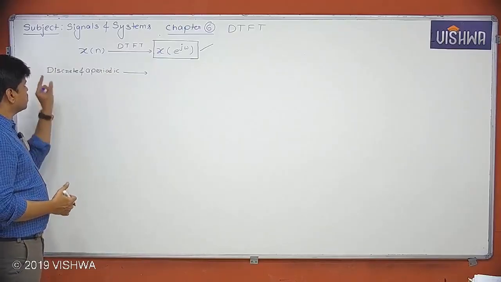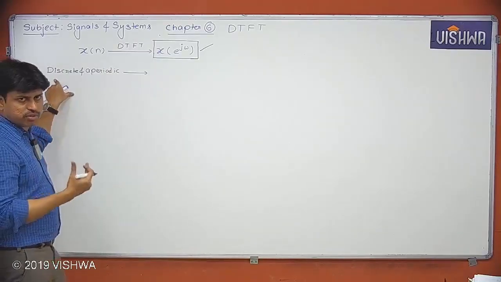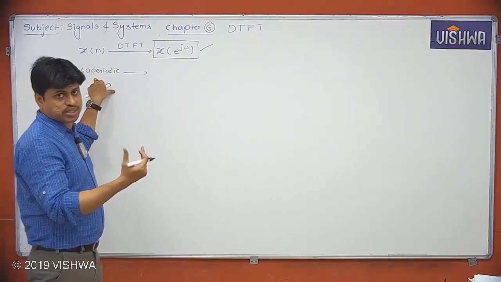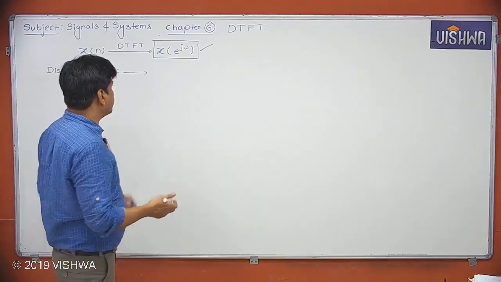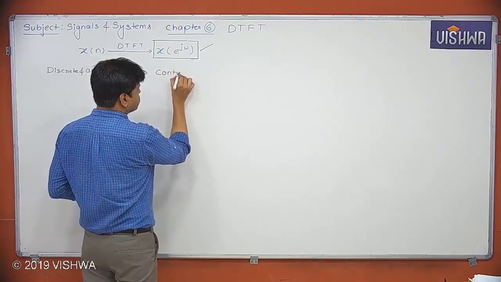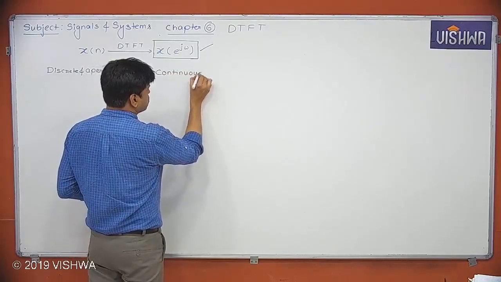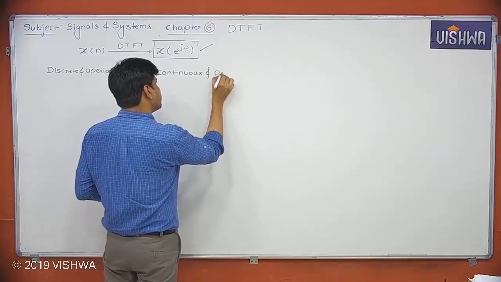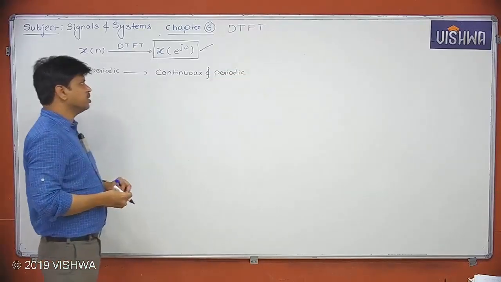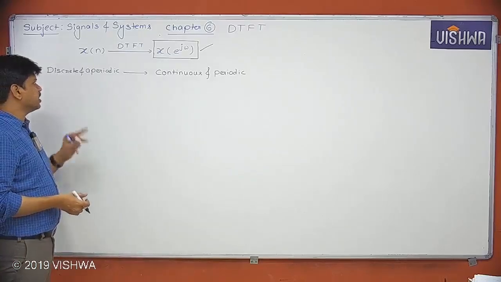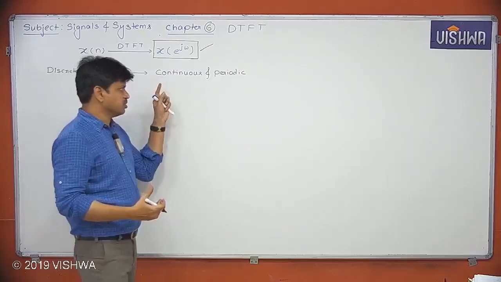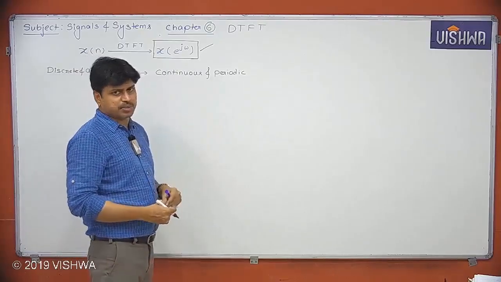In that, discrete is going to give you periodic nature and aperiodic is going to give you continuous nature of the spectrum. So here we get a continuous spectrum and a periodic spectrum. Periodic, this is very, very important. So the DTFT of any discrete time aperiodic signal is going to be a continuous spectrum and it is periodic.